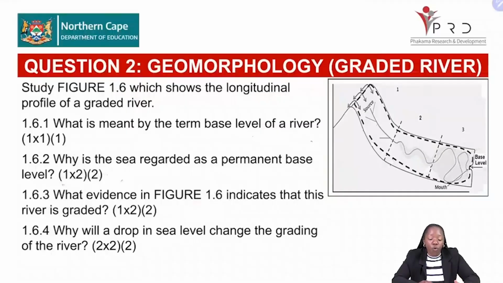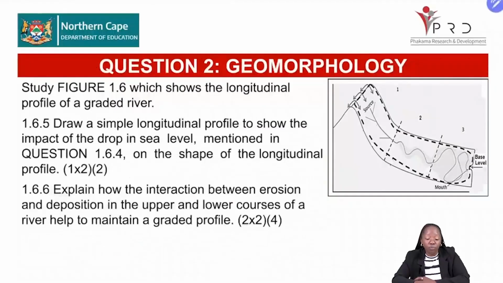Then number 3, what evidence in figure 1.6 indicates that this river is graded? Another 1 times 2. Then number 4, why will a drop in sea level change the grading of the river, 2 times 2. With the mark allocation 2 times 2, you know you're supposed to give 2 responses.